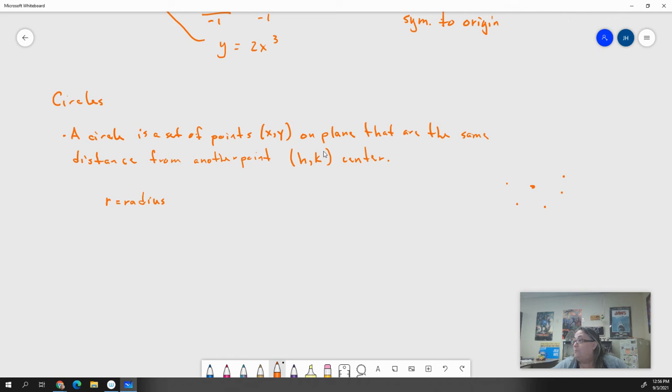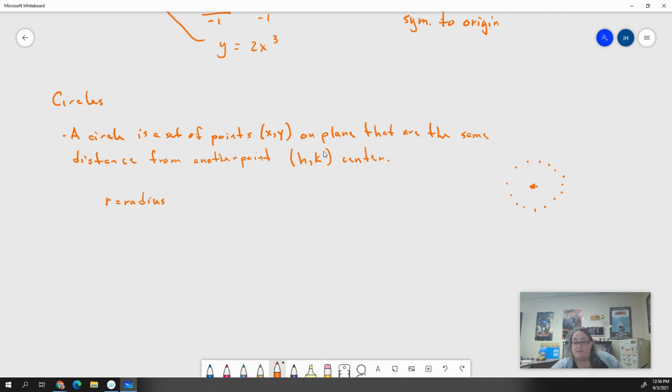It's all those points that are the same distance away. When we draw a line through all of those points, it will create a circle. Every point on a graph that's the same distance away from the center point is what makes a circle.